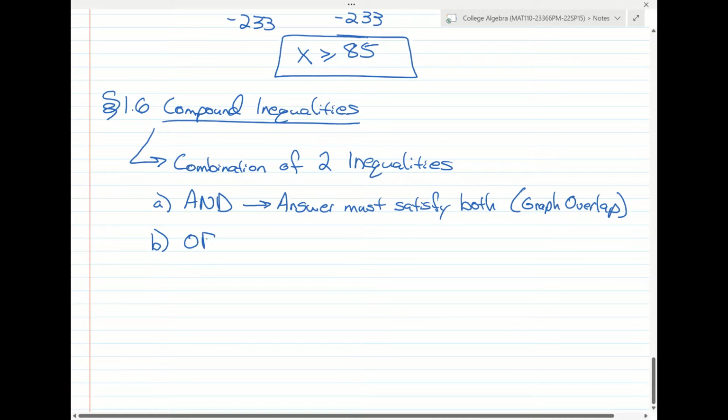The other type of inequality is an OR. And this is just where at least one or both inequalities must be satisfied.